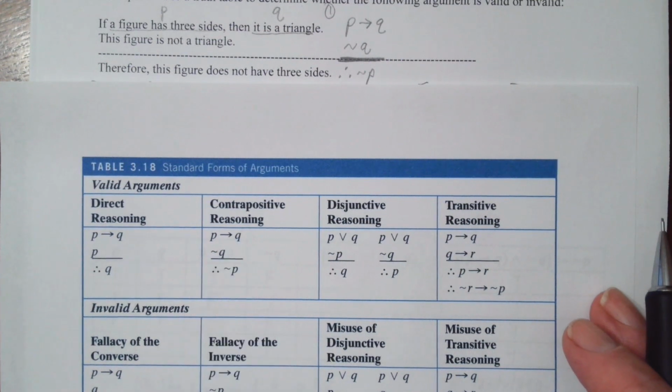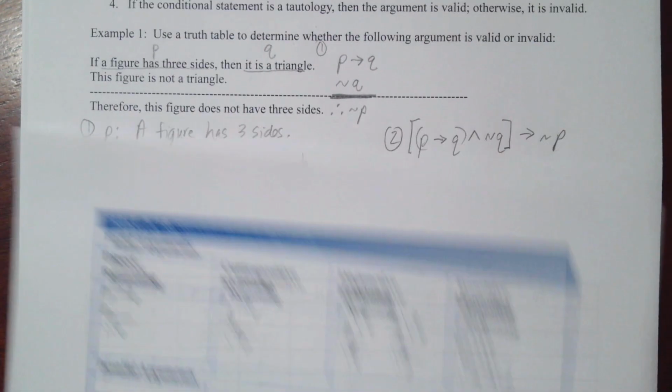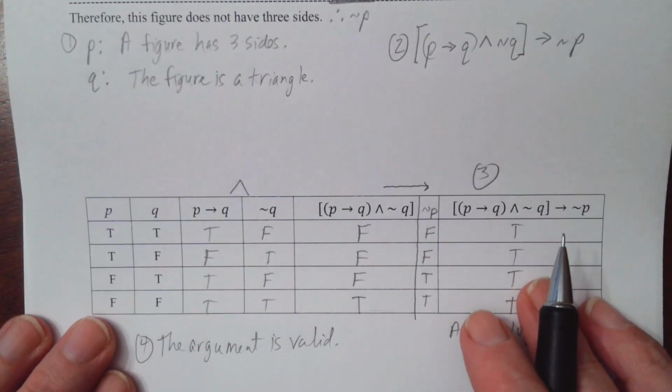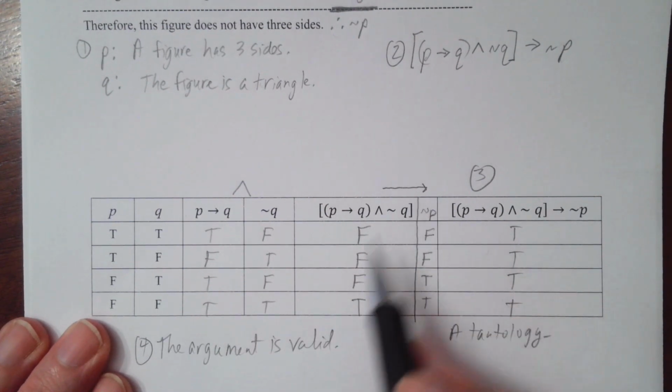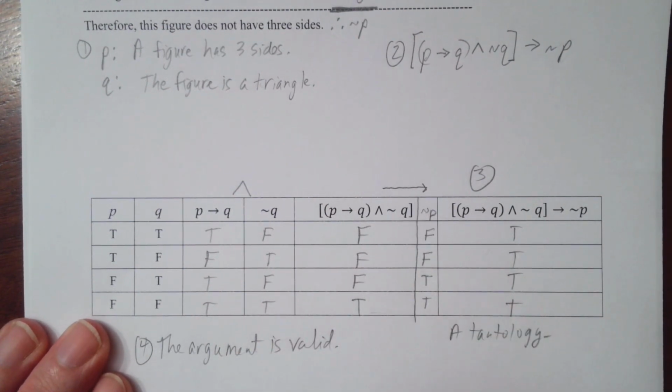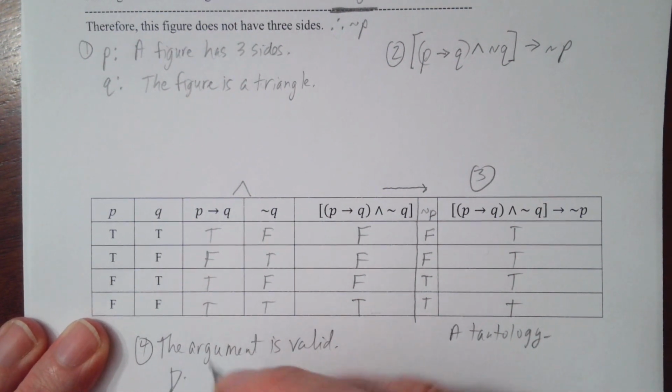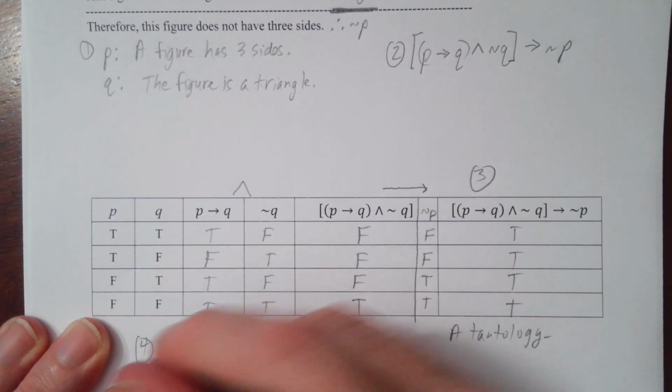P implies Q, not Q, therefore not P. So this is what we call contrapositive reasoning, and that's a valid argument. And so I didn't have to do the table if I knew this form of direct reasoning. So this is direct reasoning, or no, I'm sorry, this was contrapositive reasoning.